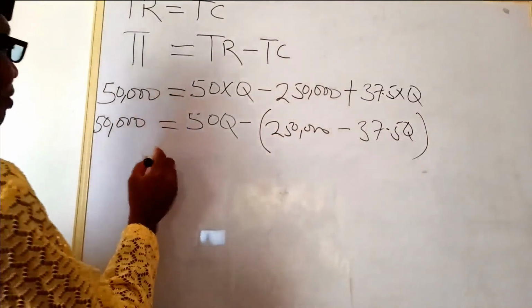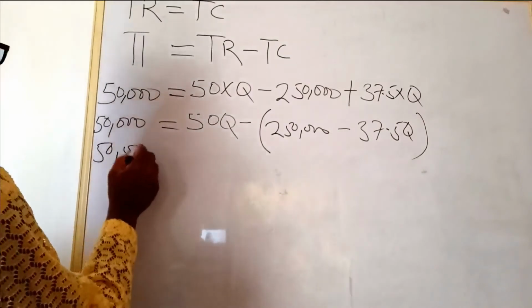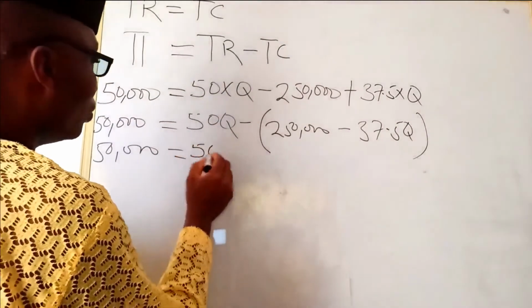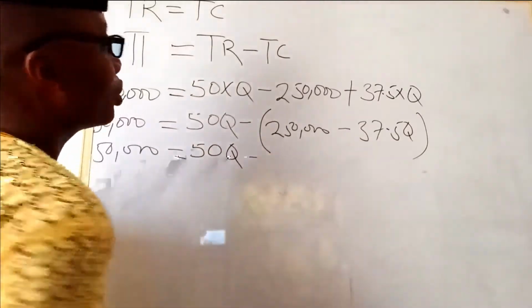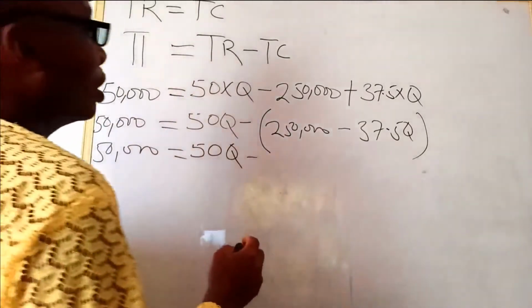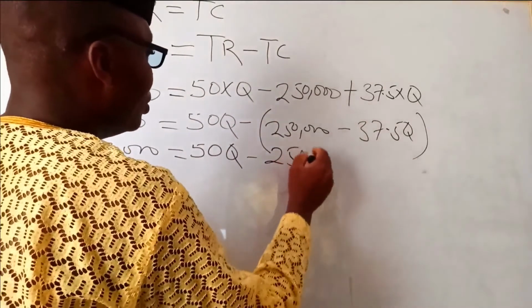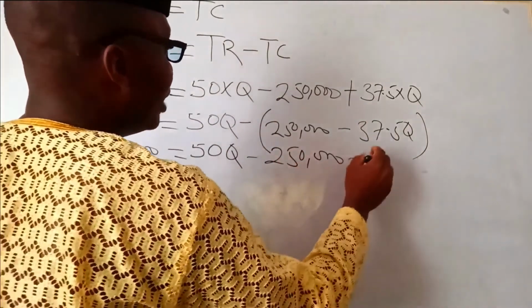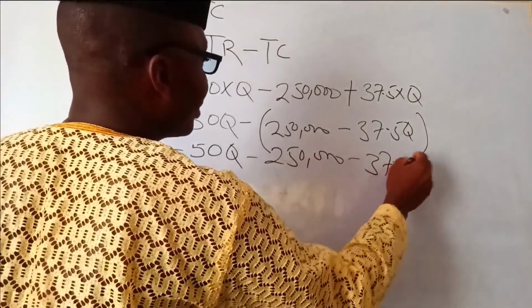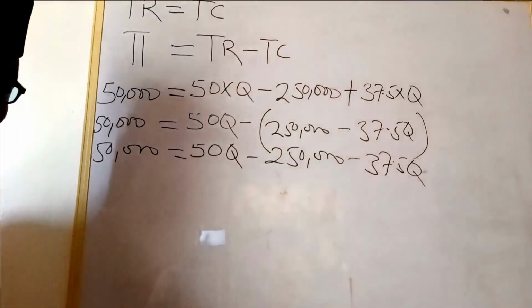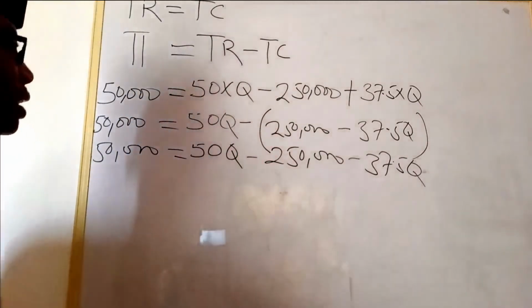So now you have 50,000 equals 50Q minus, you open the bracket now, 250,000 and minus 37.5Q. I should have opened it. Okay, let's continue.